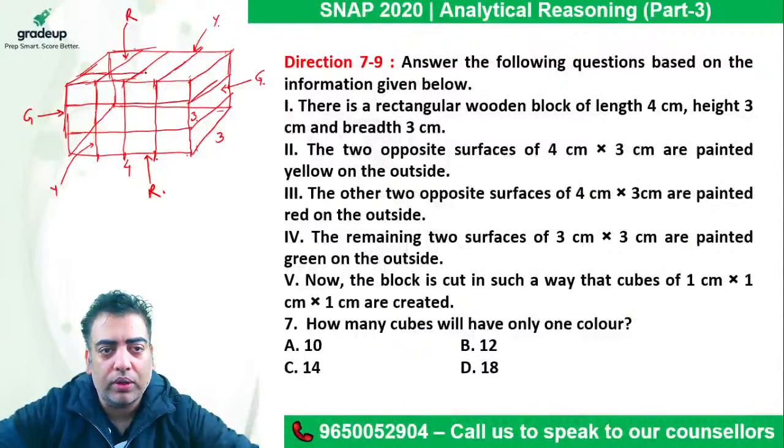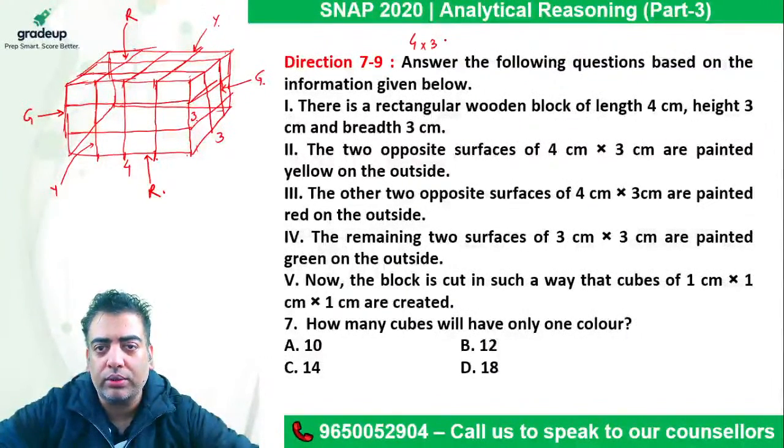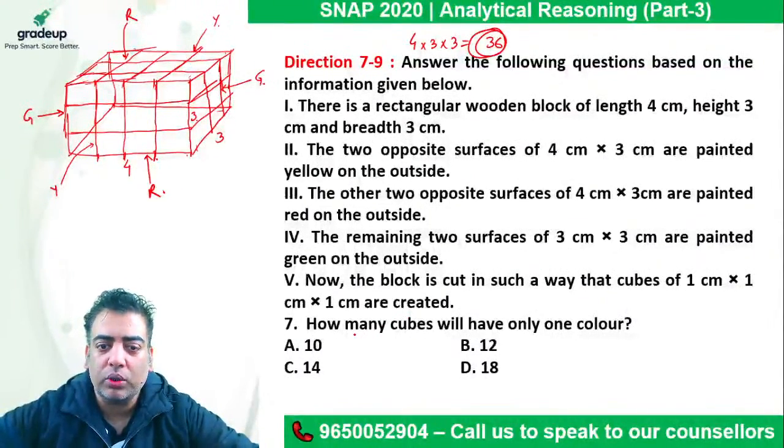So this will be drawn like this, 3 equal parts. So the number of cubelets that we got are equivalent to 4 into 3 into 3, which are a total of 36 in number. Out of these 36 cubelets, he is asking how many cubes will have only one color.